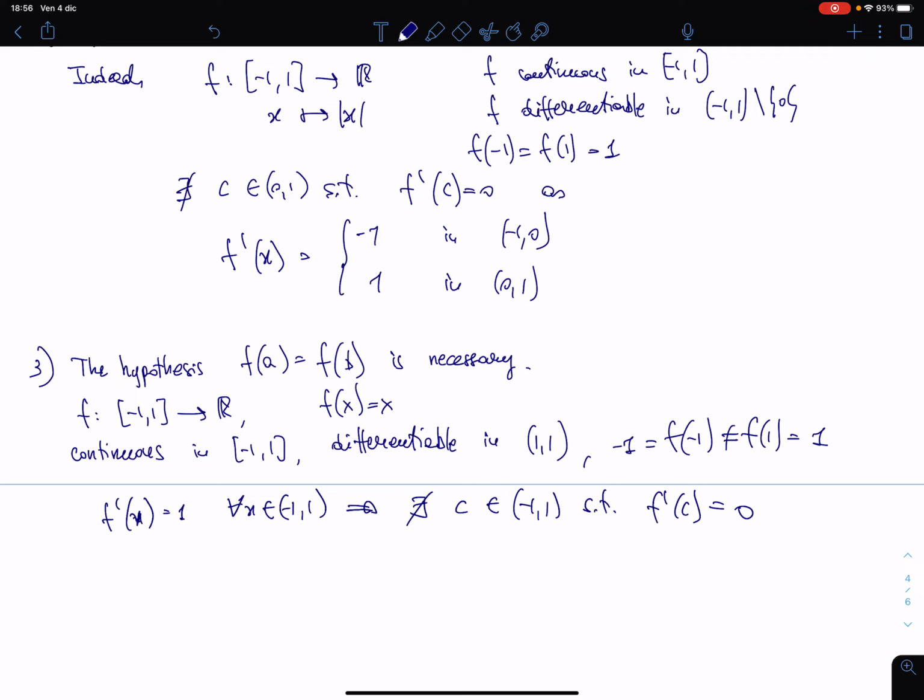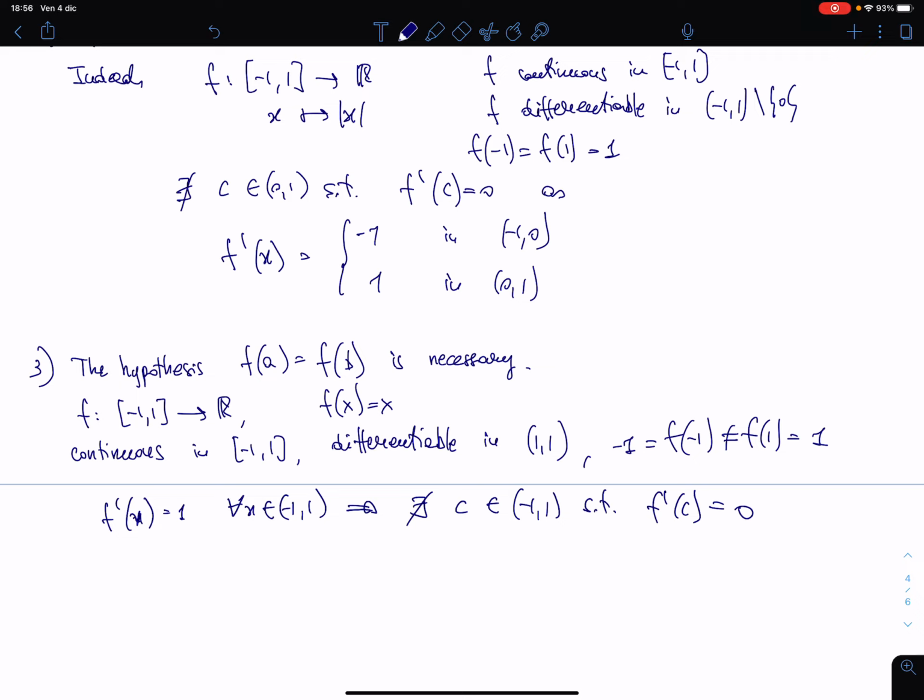And moreover, for Rolle's theorem, we have plenty of exercises, for instance, at the exam and so on. A typical exercise is the following.